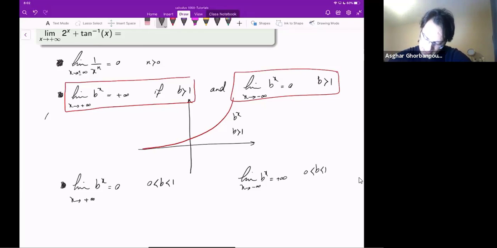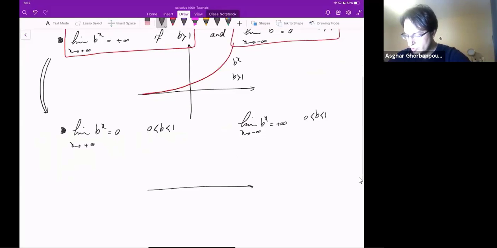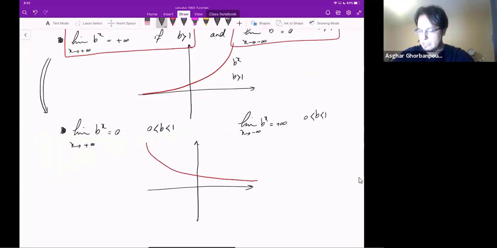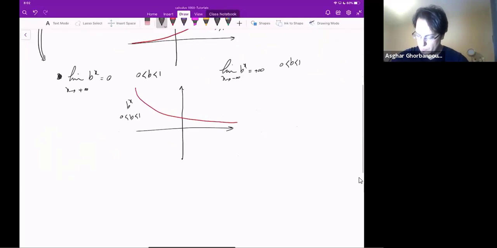Actually, one can conclude that using the previous fact, but here I'm going to assume that you know that based on the graph of b to the power x for base less than 1 and bigger than 0.